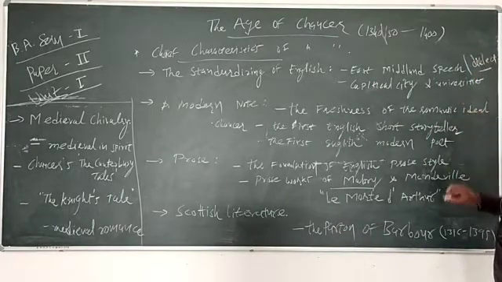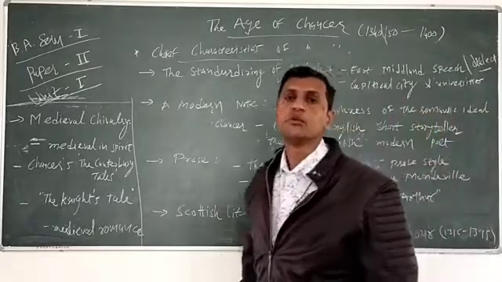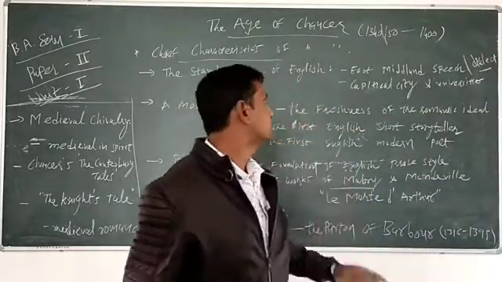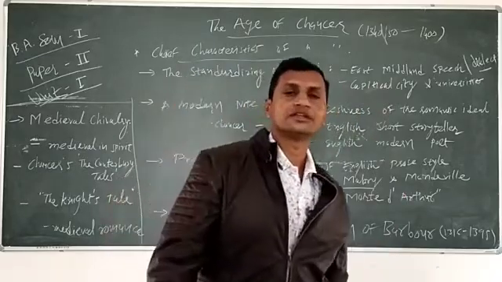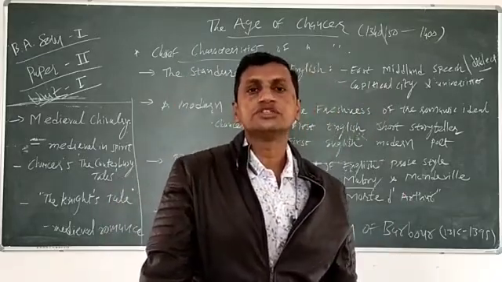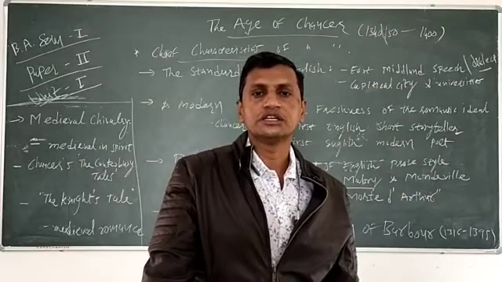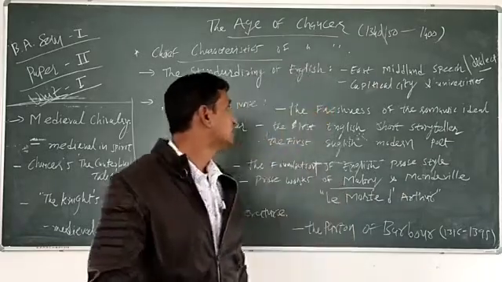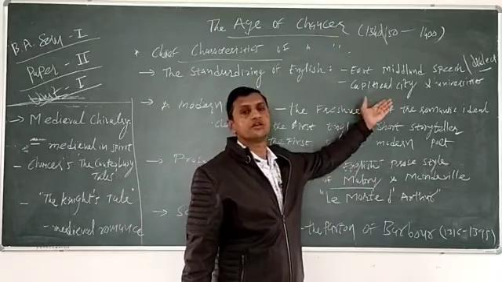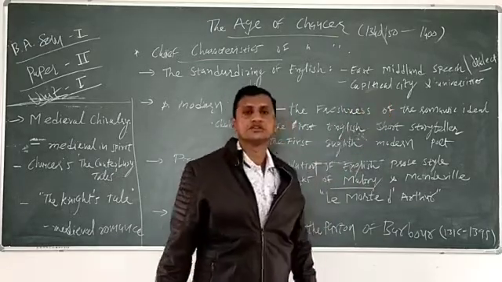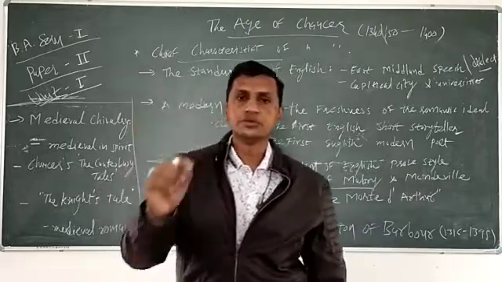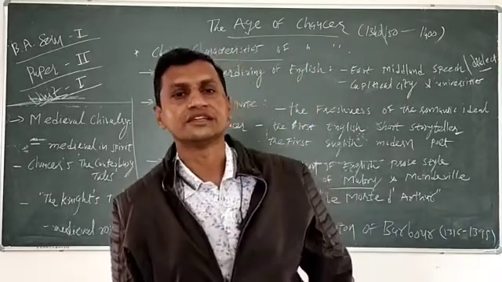Dialect, D-I-A-L. Dialect means boli. He selected the East Midland dialect of England, the language of the university and education, and of the capital city, London. He used that in literature.